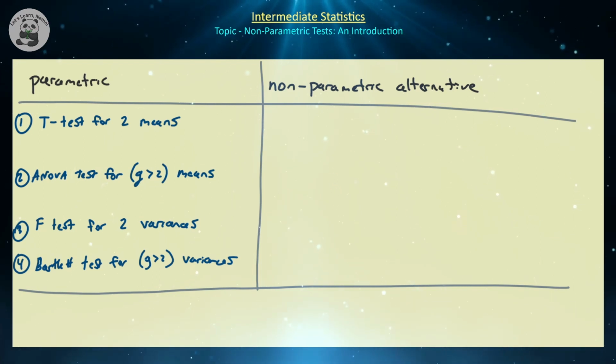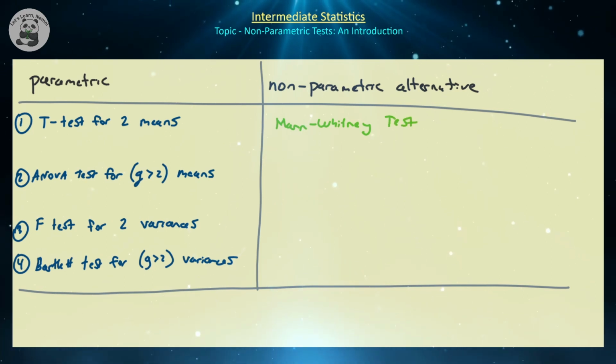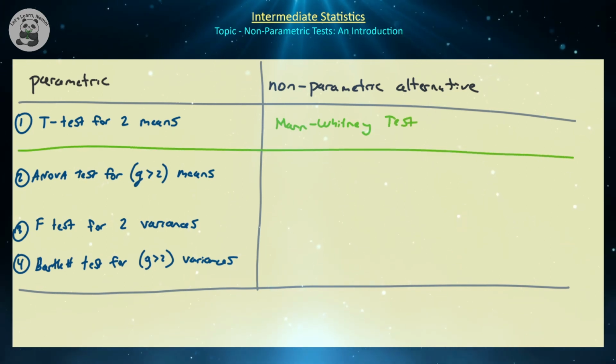If you have a paired difference t-test, there is a different non-parametric alternative for that. But if you have two independent samples, then a good non-parametric alternative is the Mann-Whitney test, sometimes also called the Mann-Whitney U test, right? So that is the non-parametric alternative for the t-test for two means.